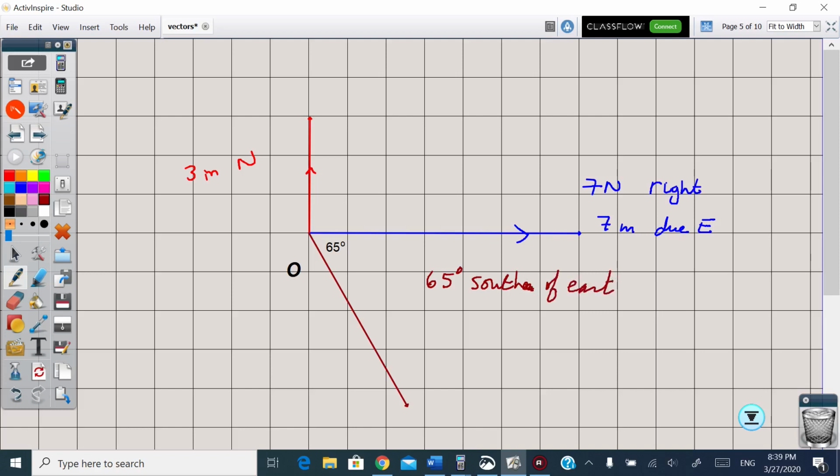And if you measure the length, you will find that it is 6 units long. So this is the way we represent vectors, irrespective of their nature.